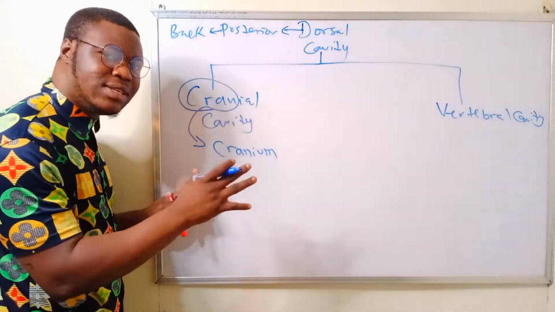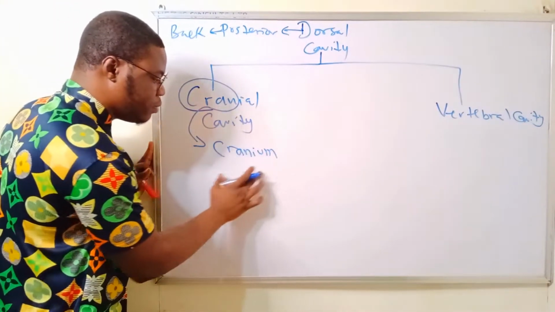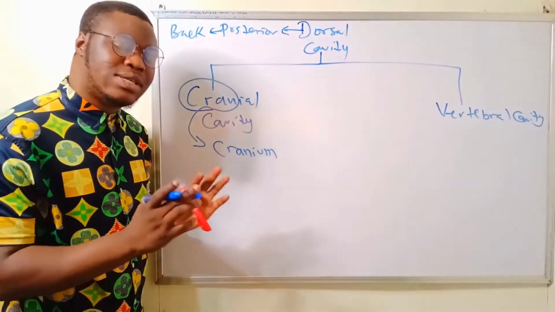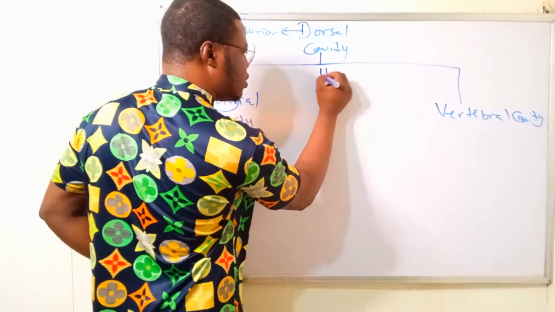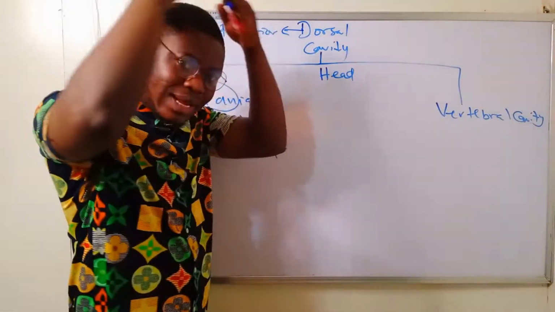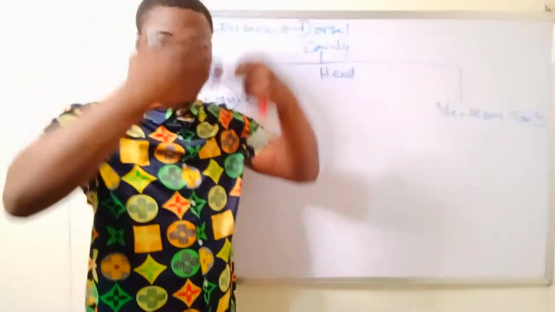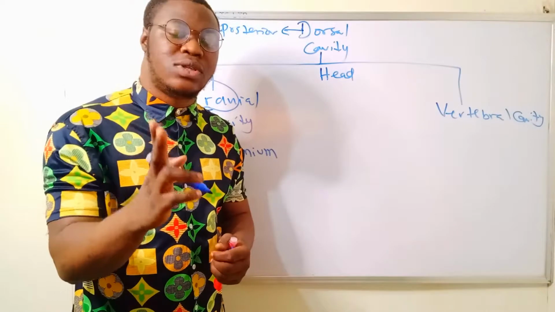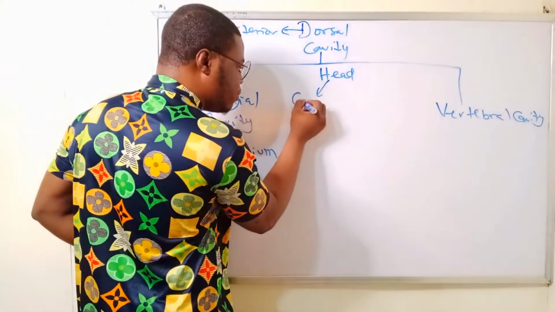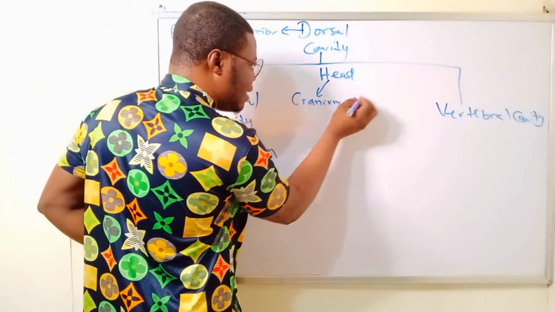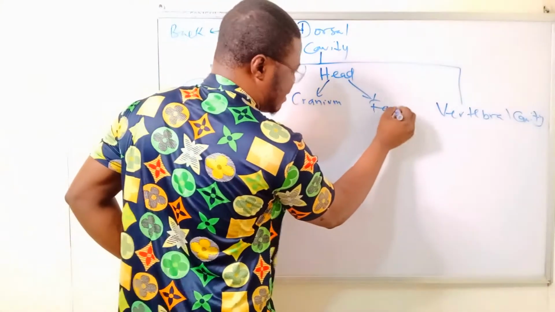Now the question is, what is the meaning of cranium? Cranium is actually a part of the head. If we have our head like this, everything right here is our head. So we divide the head into two parts. The first part is called the cranium, and the second part is called the face.